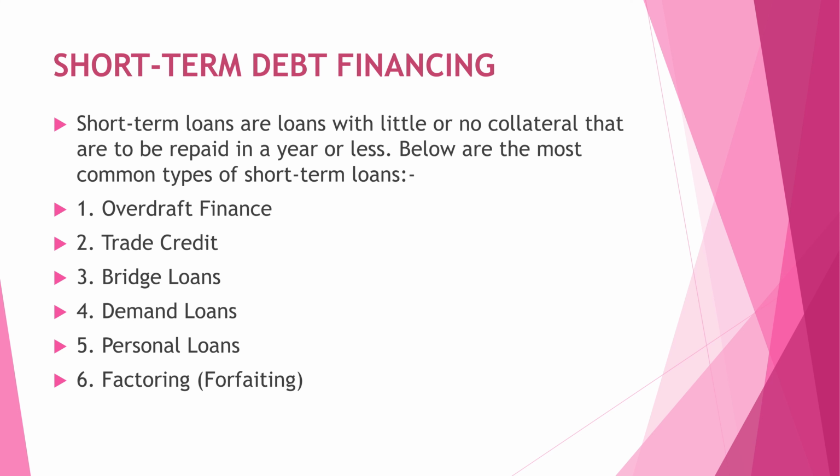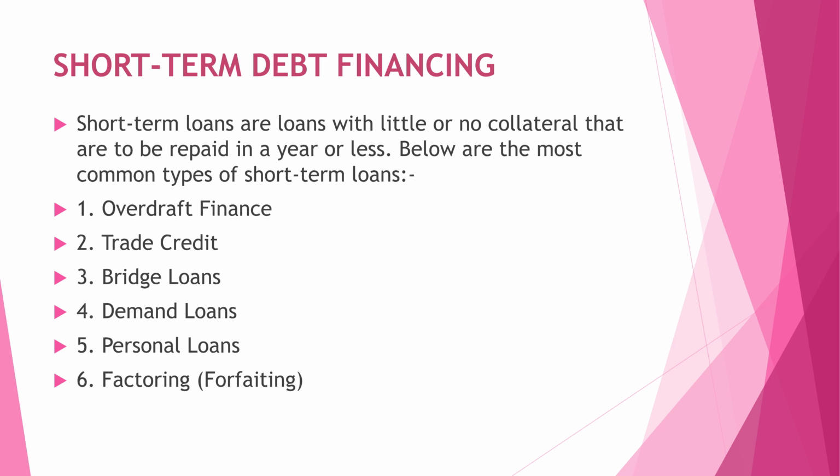So it works as a relief during that period, so that when you now get that bigger amount, from that amount you're now going to pay back the bridge loan, and you remain with the money that will be paid back in a long term, which is usually a big amount.